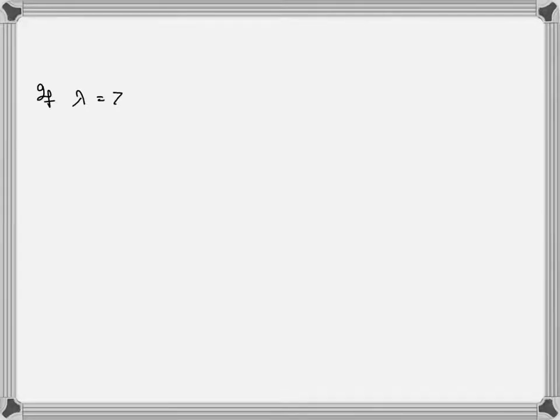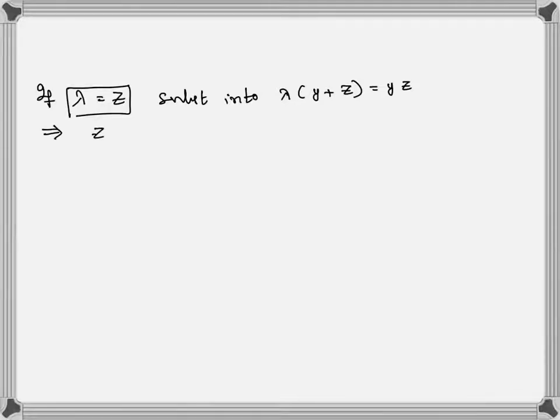Now if lambda equal to z, there are two possibilities. If we pick lambda equal to z and substitute that into the relation lambda times (y plus z) equal to yz, you get z times (y plus z) equal to yz.